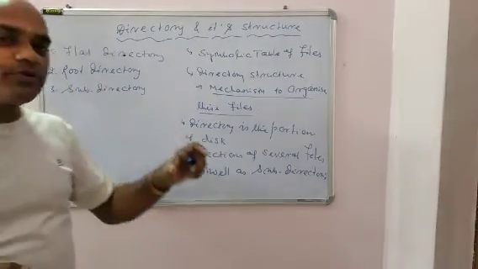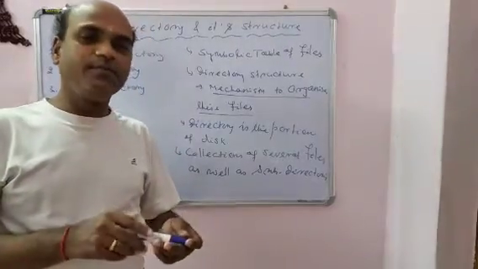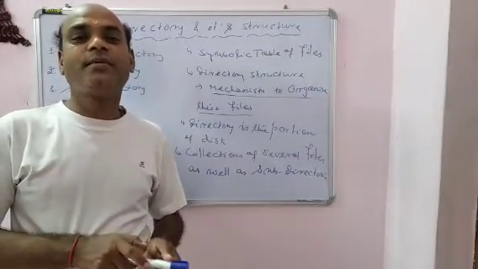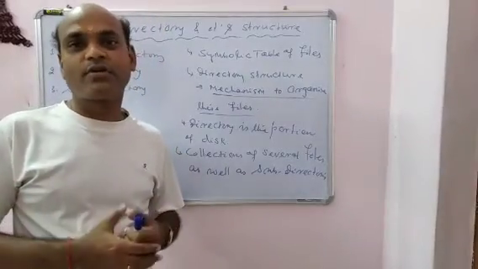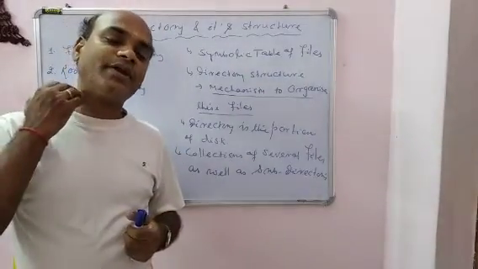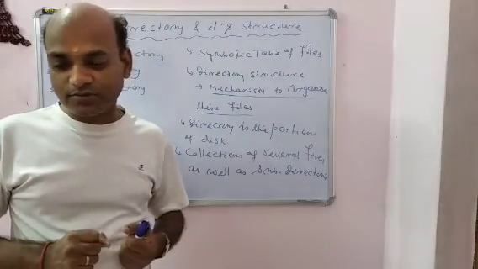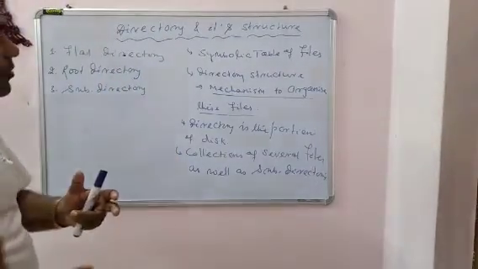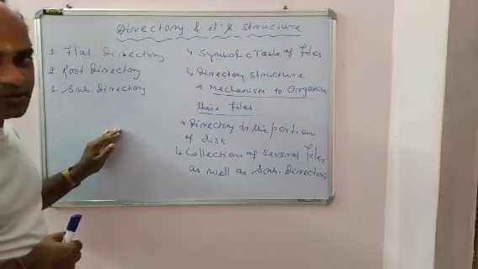A directory contains subdirectories and files. Each file has a logical name, and it contains the real data or information, and it has some attributes, name, all the things we have already discussed.